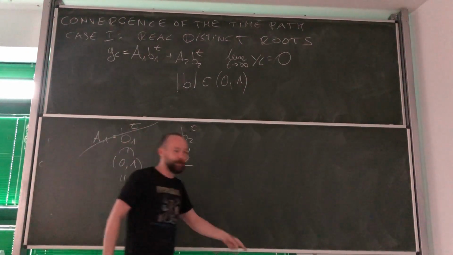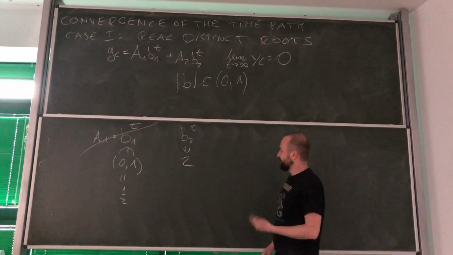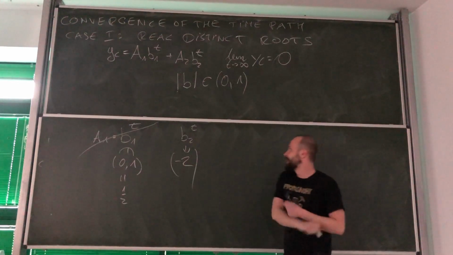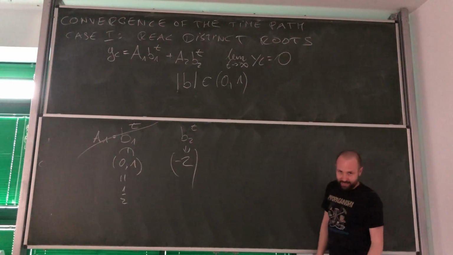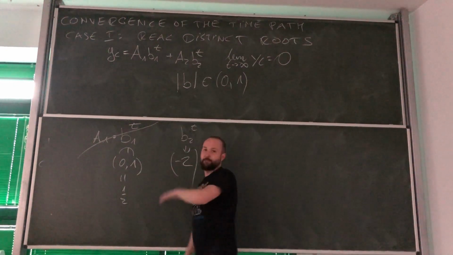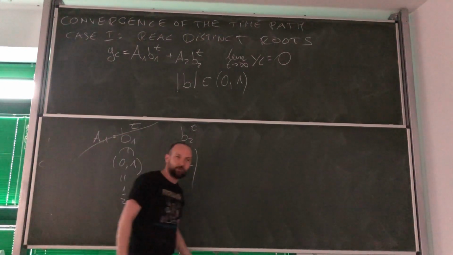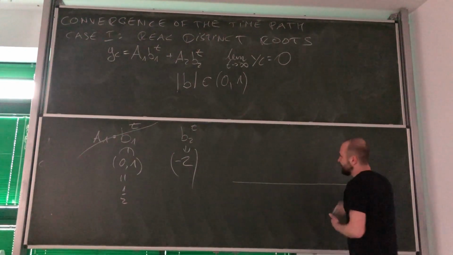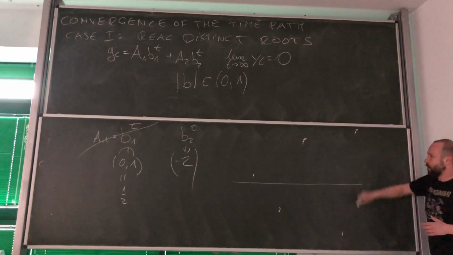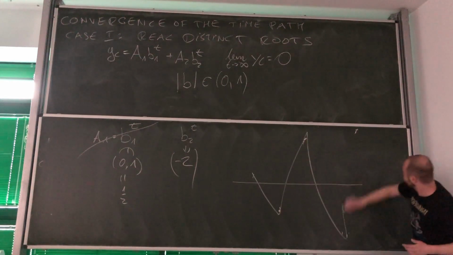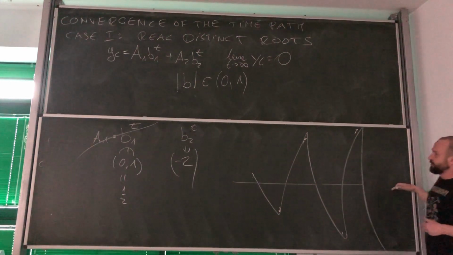This part will be getting bigger because we will be moving to 2, 4, 8, 16, 64, and so forth. If we would have negative 2, well, then we would have 4, negative 8, 16, negative 32, 64, negative 128. So we would see that we are getting again further and further away from the equilibrium, assuming that this is our equilibrium, right?